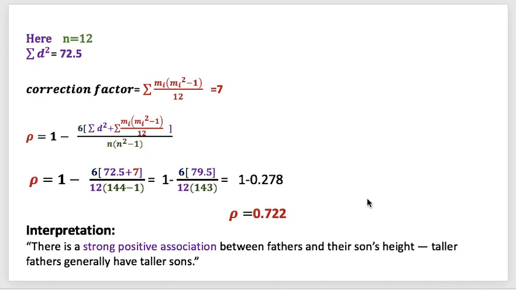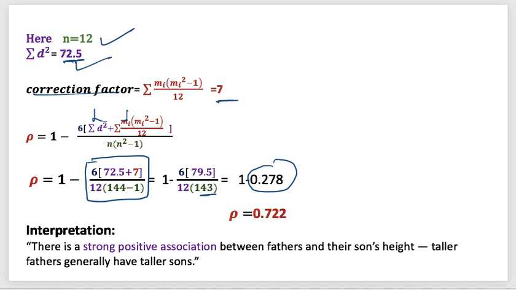And then we are now ready with all the entries required for finding the rank correlation. N is 12 here, summation d square is 72.5, and the correction factor required is 7. So when we plug in all the values here, and after simplification, 6 into (72.5 plus 7) upon 12 into 143, we are getting 0.278, and 1 minus 0.278 comes out to be 0.722.